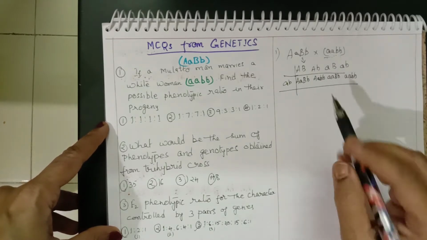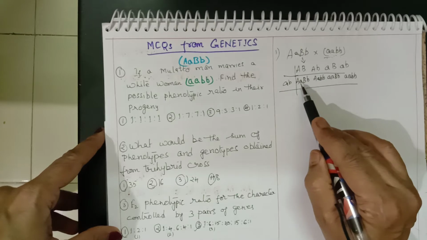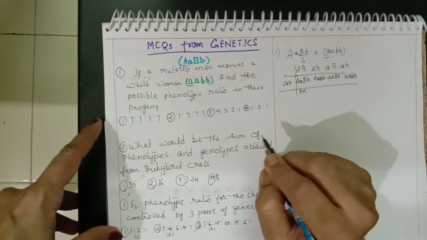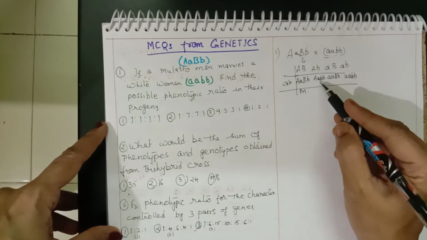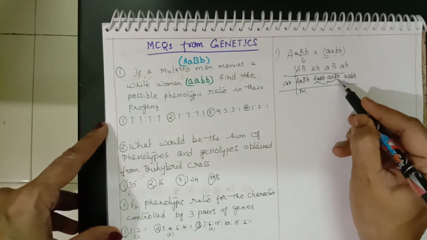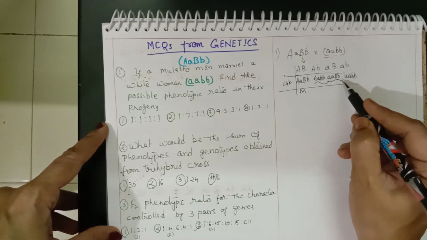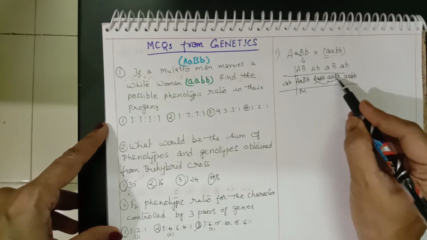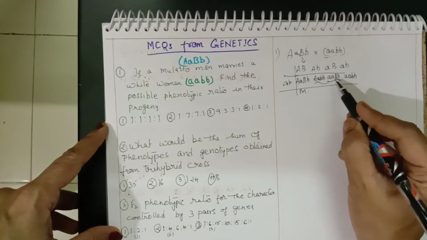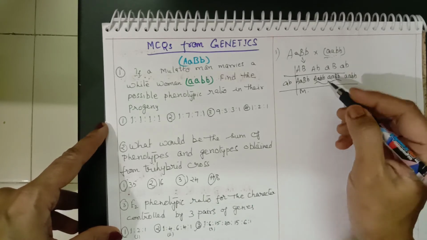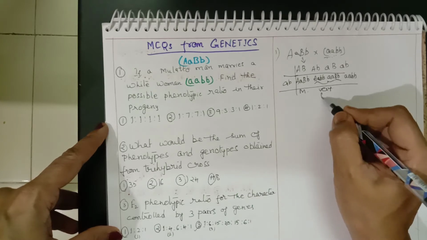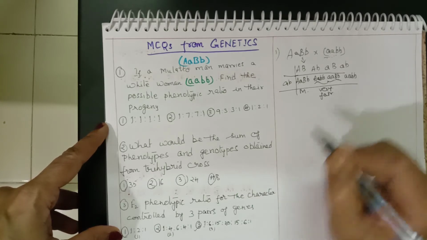So what are the genotypes we got? In the first one we got 2 dominant genes, so this will be mulatto. The other 2 individuals have only 1 dominant gene. Here A is the dominant gene, here B is the dominant gene. So there is only 1 dominant gene in these 2 individuals, so we can name their skin color as very fair.